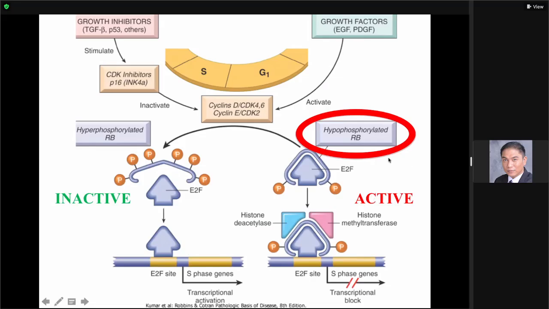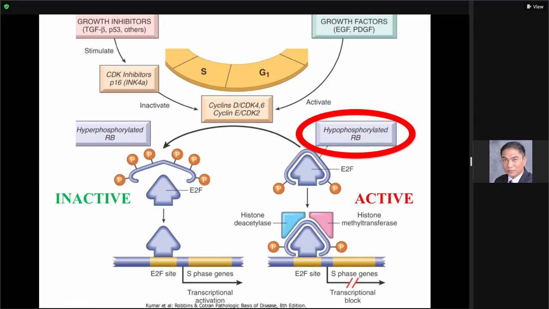If they are active, hypophosphorylated, they will apply brake, no transcription, so no cell proliferation. So kailan sila magiging inactive? Hyperphosphorylated form, if there is gain of function mutation of cyclin D, cyclin E, CDK4, 6, CDK2.